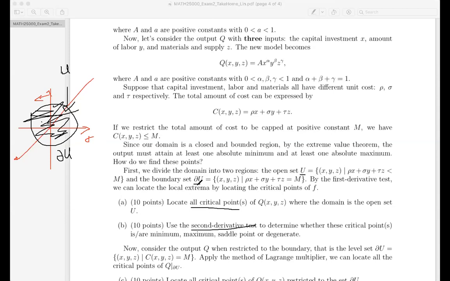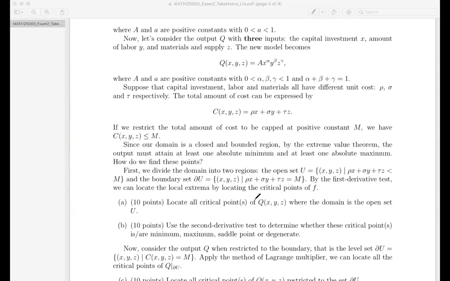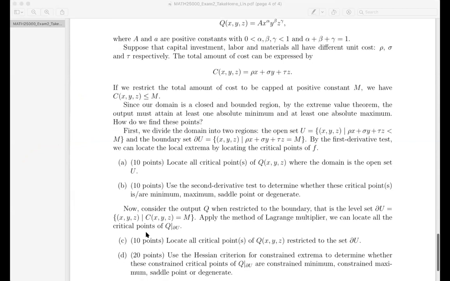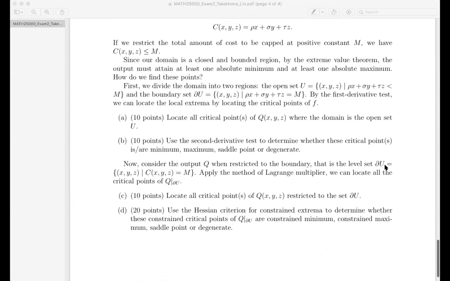And next, for the boundary term, the boundary basically is the level set, the level set where the level function is C equals the number M. And when you have the function Q restricted to the boundary set, you will have a constrained critical point.